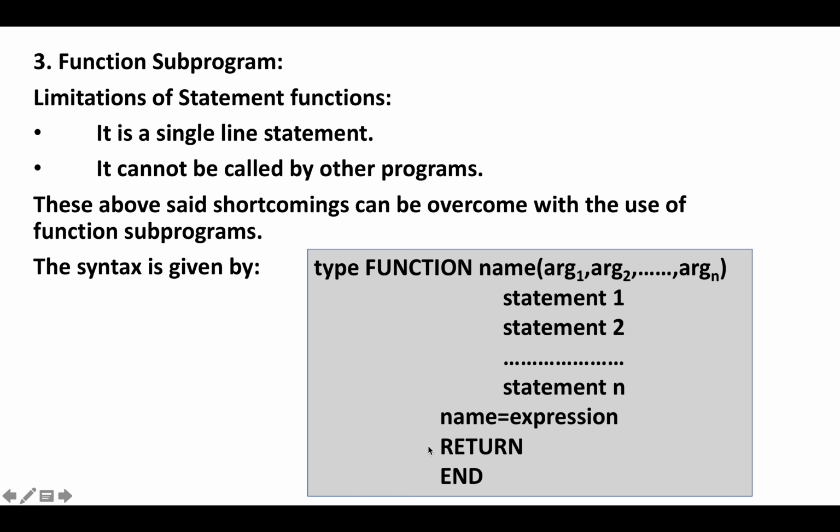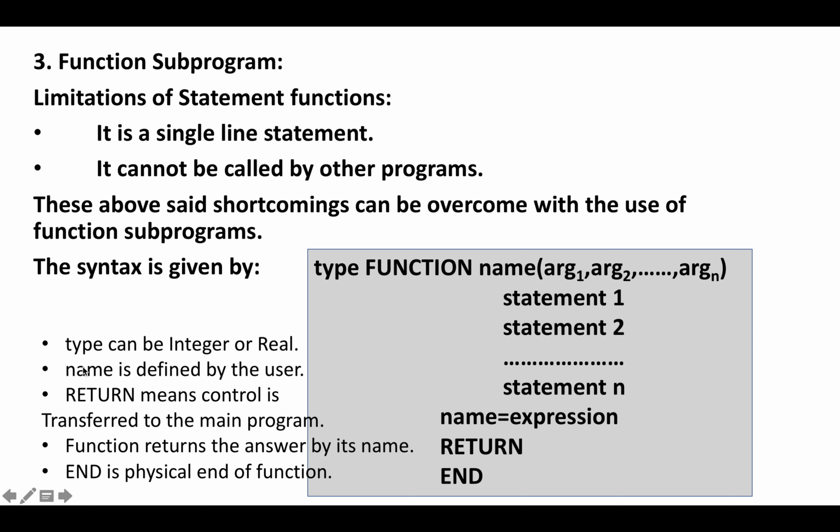You see name here. So name is equal to expression. Whatever value you want to return to the calling program can be returned using the function name only. This is mandatory. Then return and end. This return statement returns the control back to the main program.